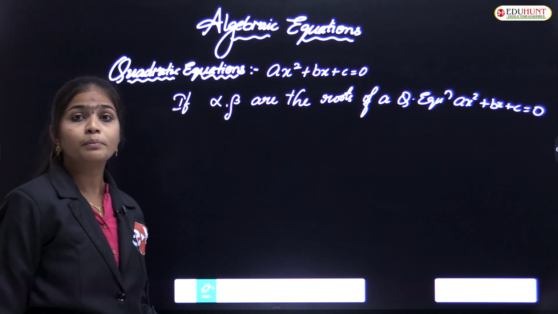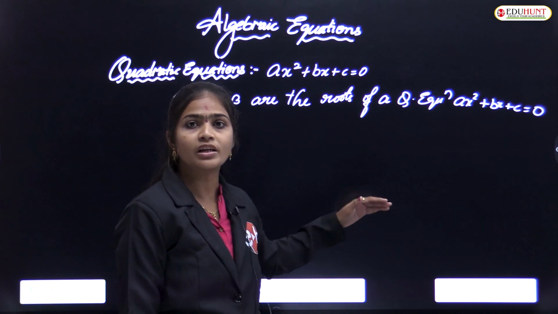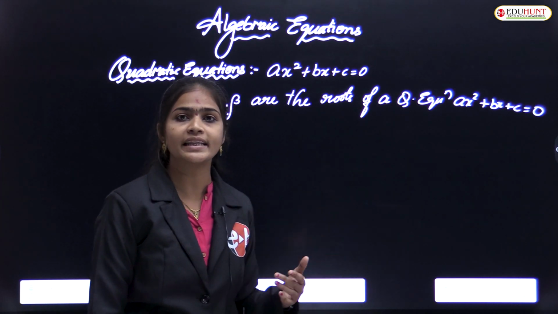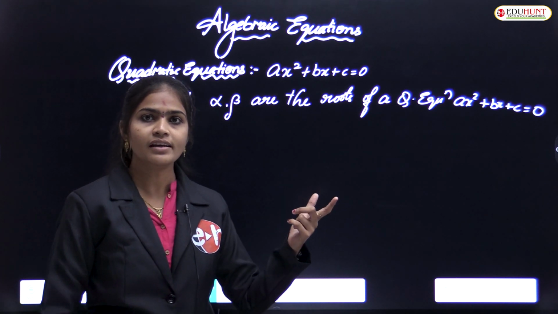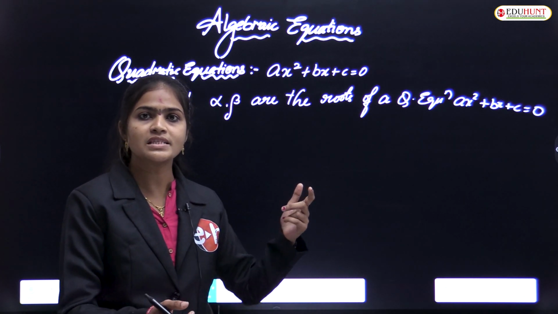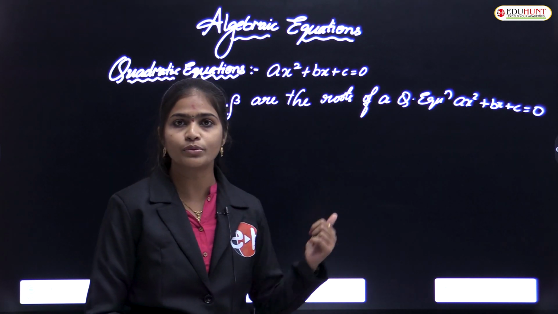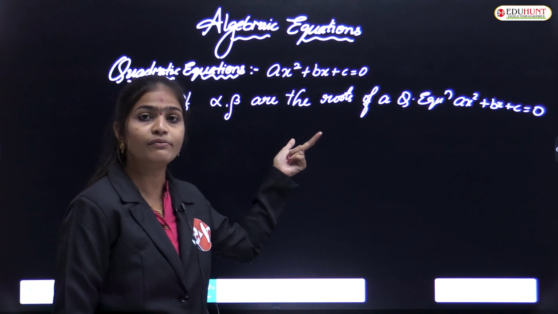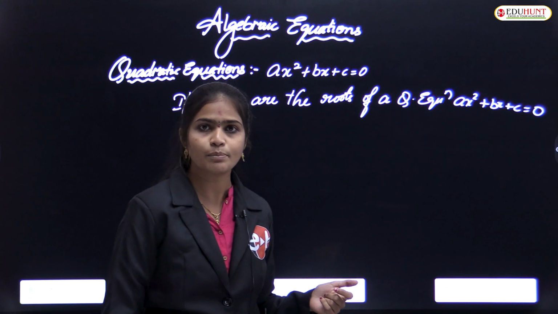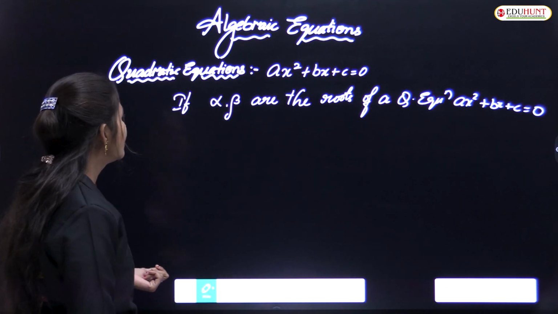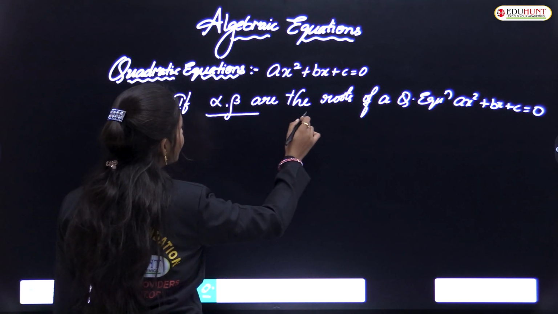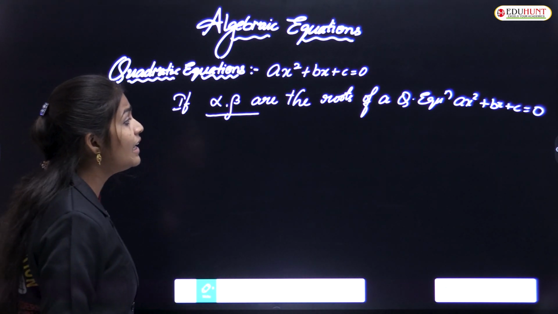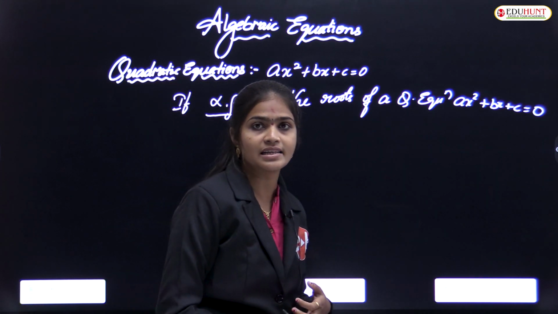Up to now we discussed how to find the roots. For example, if the equation is given, then we have to find the roots, using any one of those three methods. But here in reverse they are asking: roots are given, we need to find the equation. Is it possible to find? Yes, of course. So if alpha comma beta are the roots of a quadratic equation ax square plus bx plus c, what is that equation they are asking?